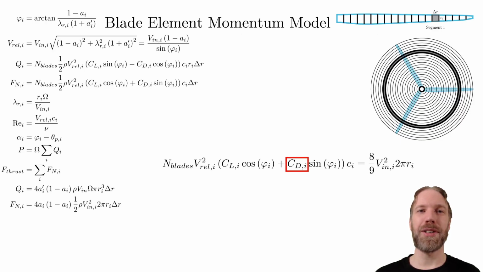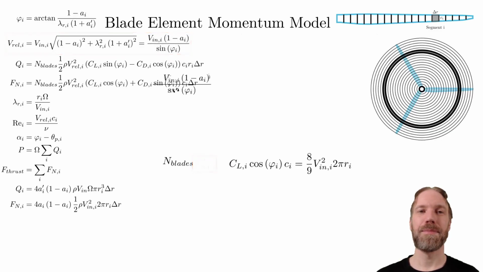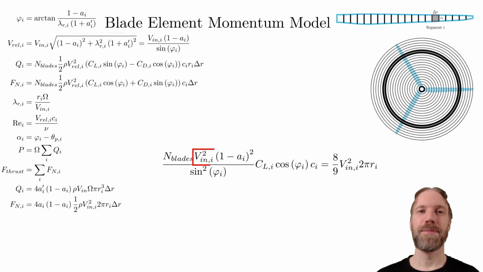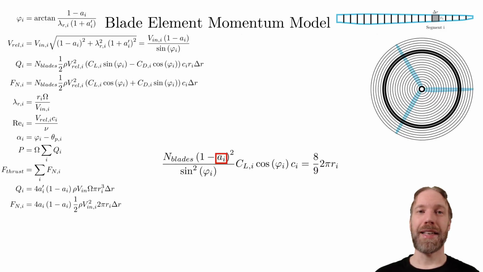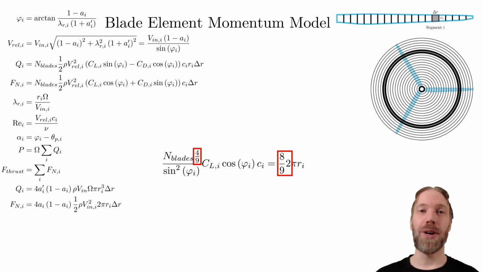In this simplified model, neglect the drag forces. Insert expression for the relative wind speed. V in cancels. Again, use that the optimal actual induction factor is 1/3 according to Betz theory. This becomes 4/9. Combine all constants.